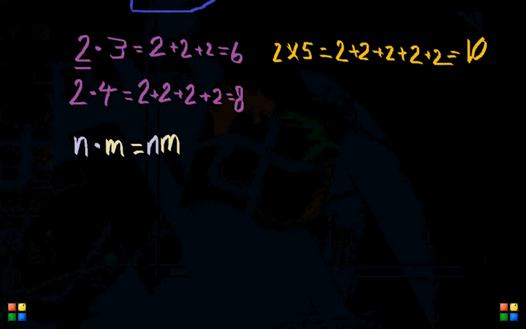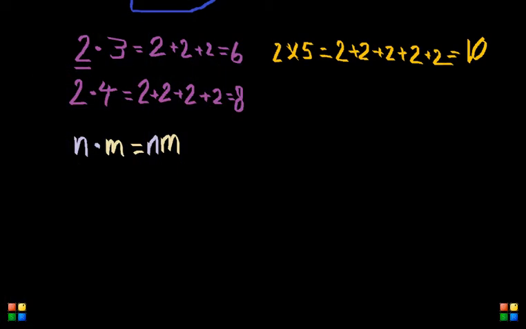Okay? So now, what if I gave you the same n, but instead I multiplied it by a different number? Let's call that number b. What is this equal to? Well, first let's say this before we do that.